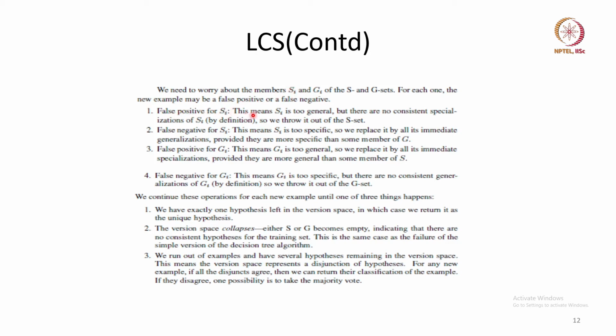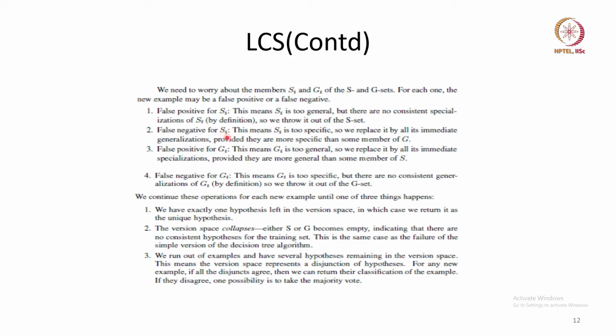If it is a false positive for Si, it means Si is too general, but there are no consistent specializations of Si. So we throw it out of the S set. Si is removed from the S set.